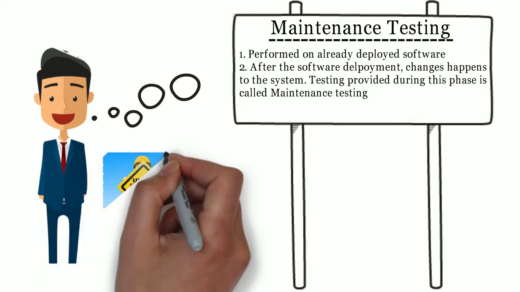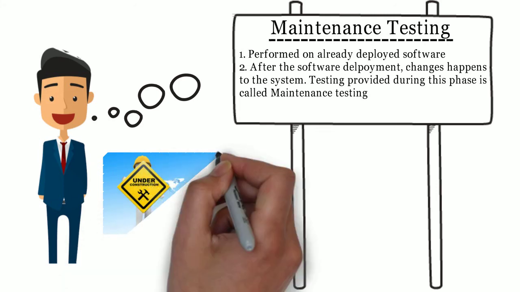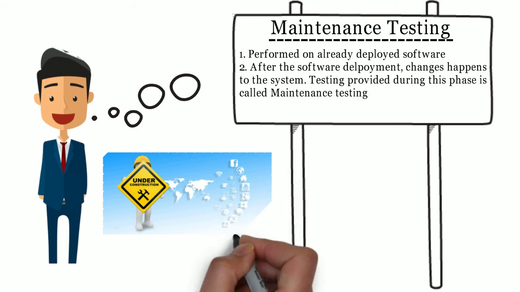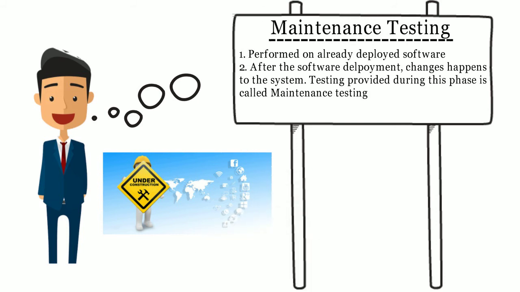In our example online shopping website project, lots of functionalities are implemented and finally deployed. After some time of deployment, a new feature, reward points, is planned to be implemented in the system. The testing which is performed as part of this is called maintenance testing. Okay, we have discussed black box testing, white box testing, regression testing, confirmation testing and maintenance testing.